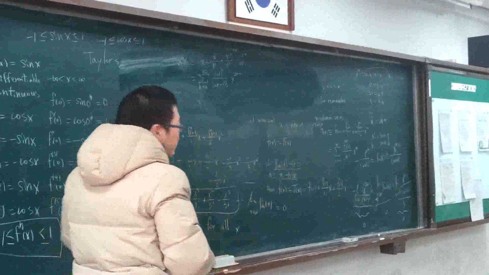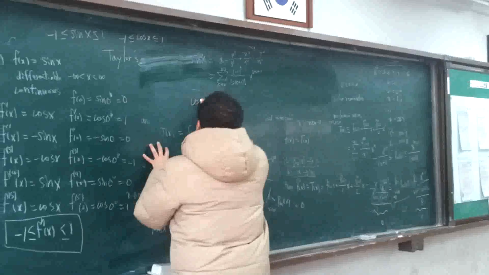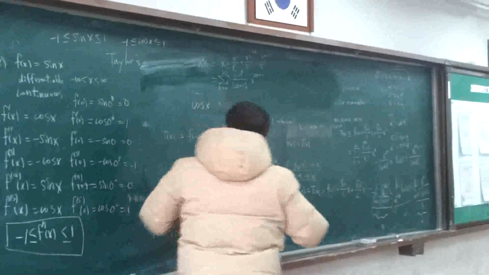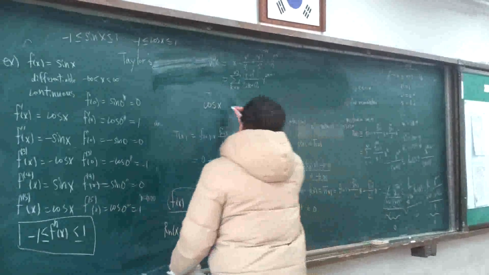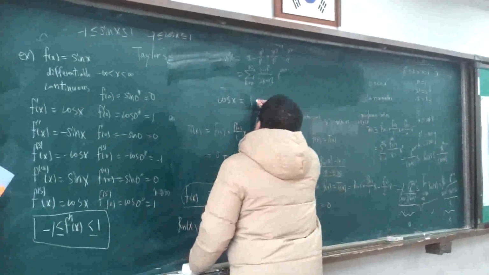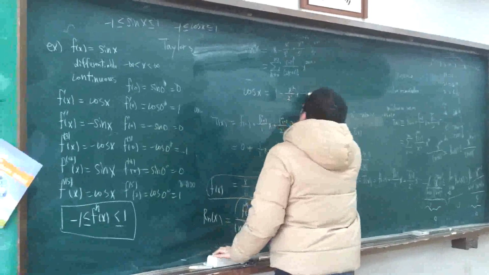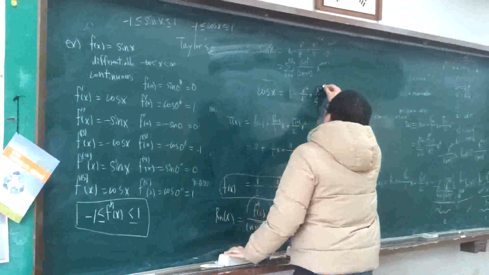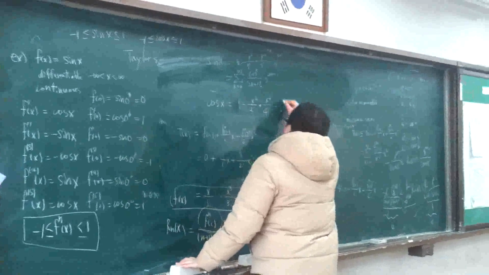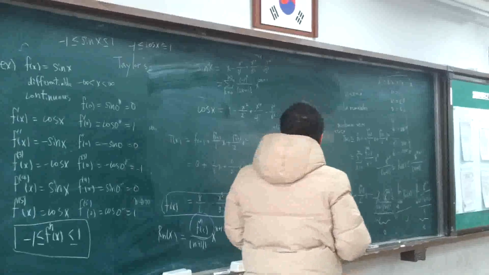And if you do the same process, we can see actually the cosine x approaches the Maclaurin series, which is equal to 1. You can do it at home and check yourself.